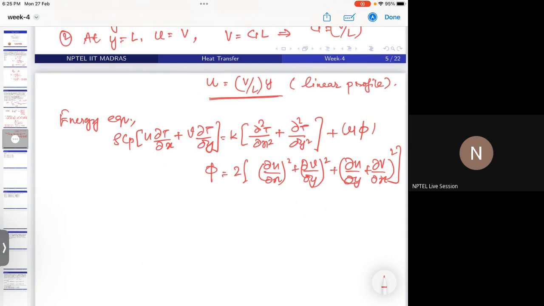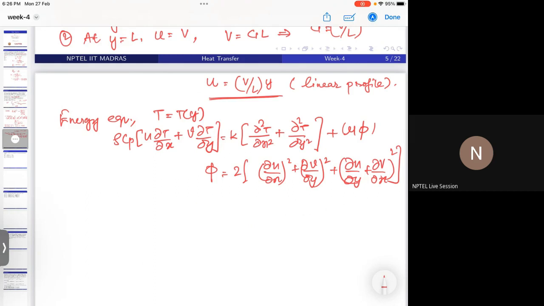Now we are cancelling out the non-important terms. As the plates are isothermal and there is no change in the flow direction, the temperature depends only on y, which means the temperature will not be a function of x. And as it is steady state, there is no need of considering time.